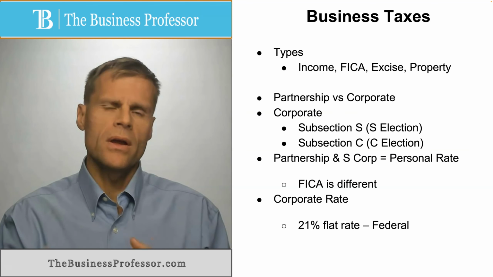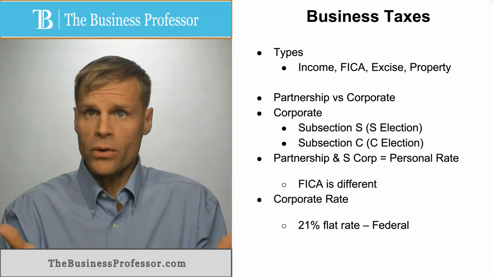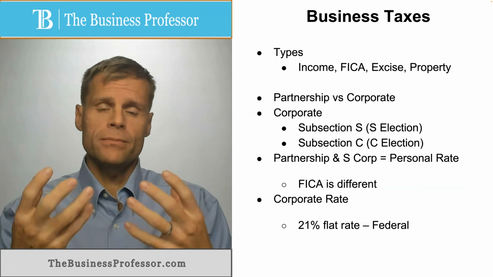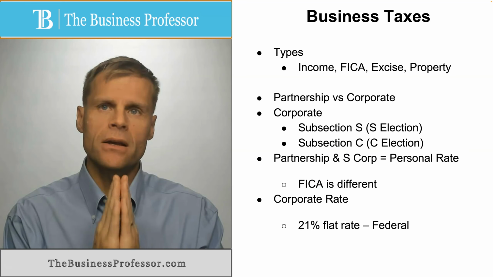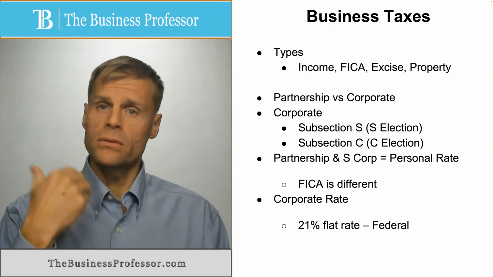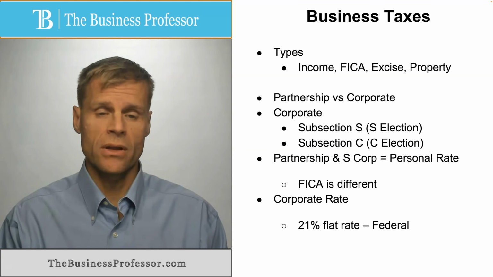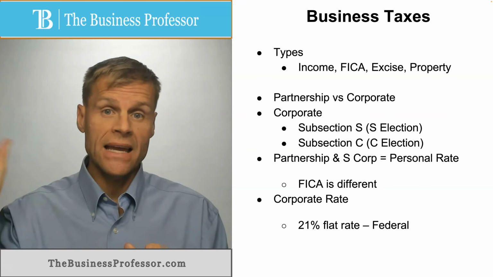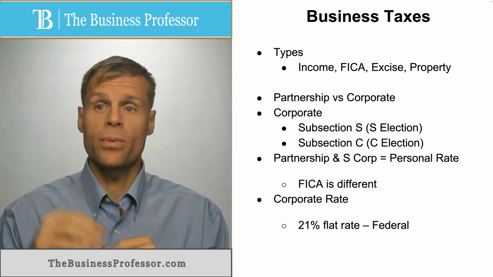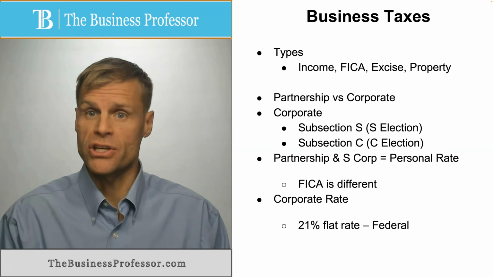Okay, now generally the owner of an S corporation or a partnership, the funds that they receive are taxed at the personal income tax rate, whereas C corporations, or entities taxed as a C corporation, because oftentimes partnerships can even elect to be taxed as a corporation, as an S corporation, or as a C corporation rather than as a partnership.